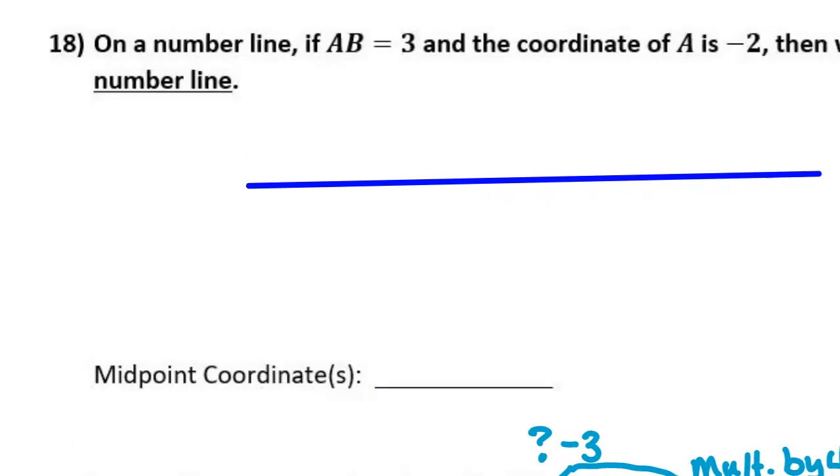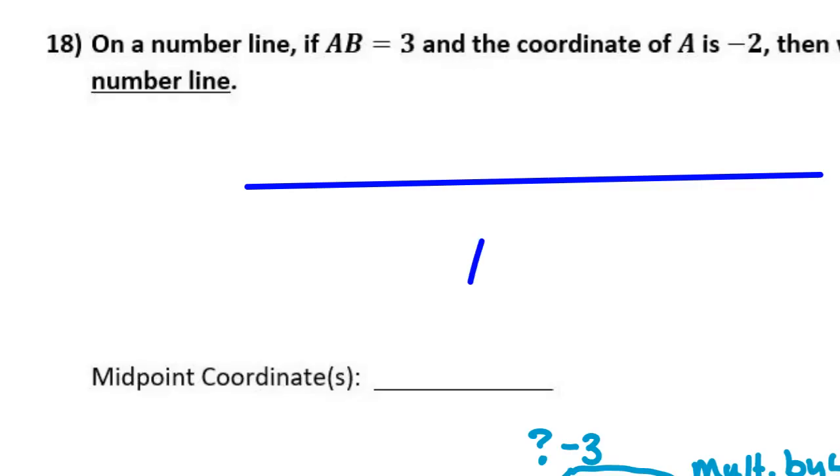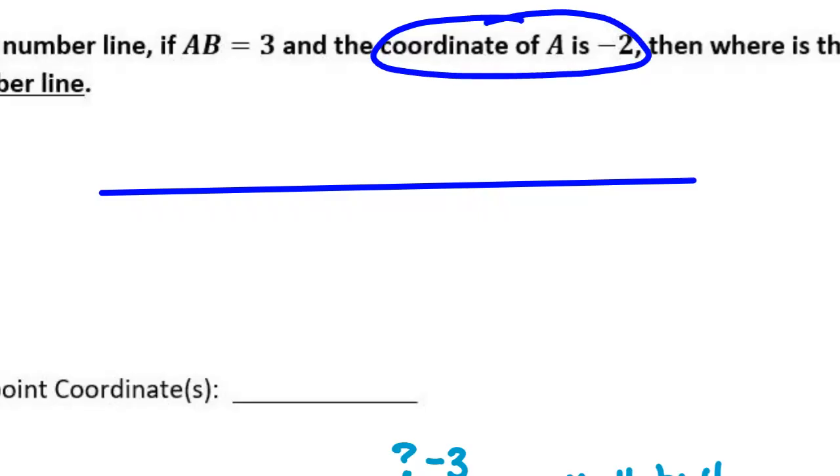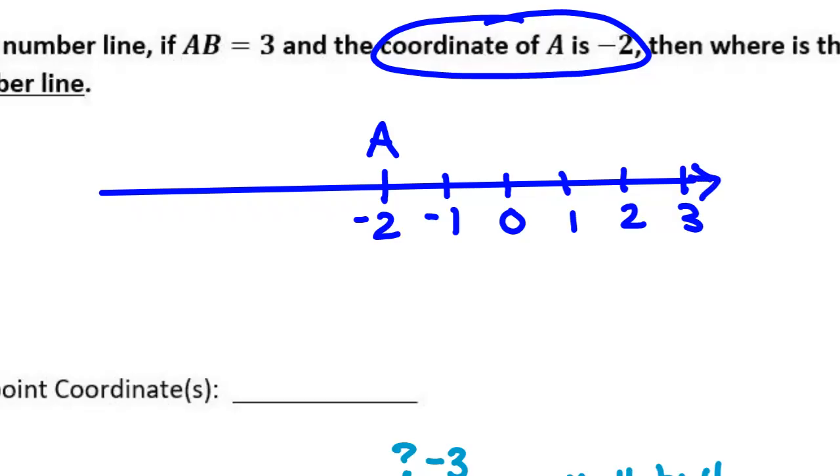It says the coordinate of A is -2. So I'm going to put that right here. -2, that's A. So this would be -1. This would be 0, 1, 2, 3, and on and on and on that way.